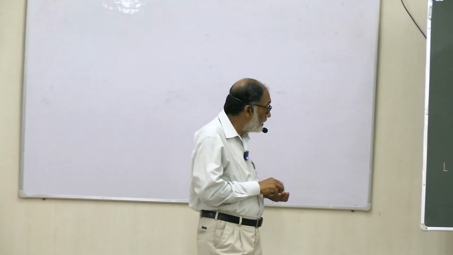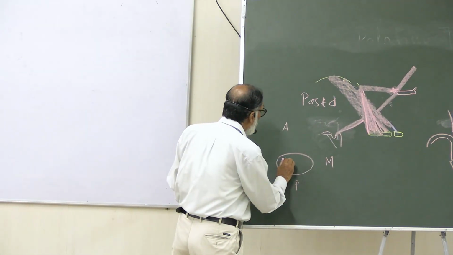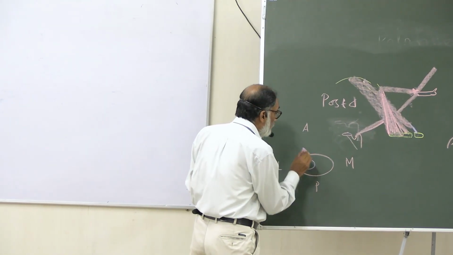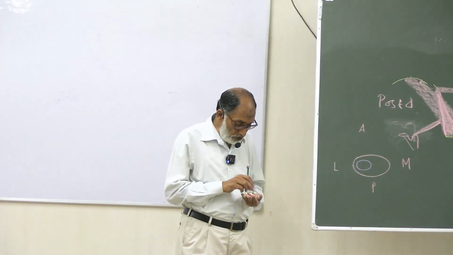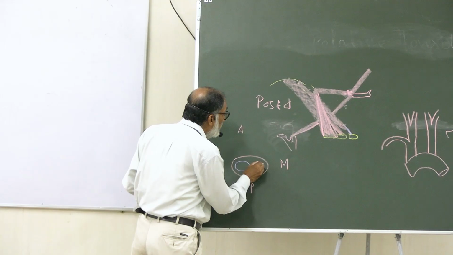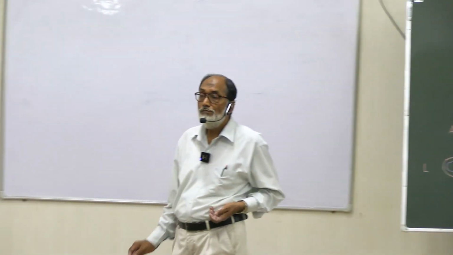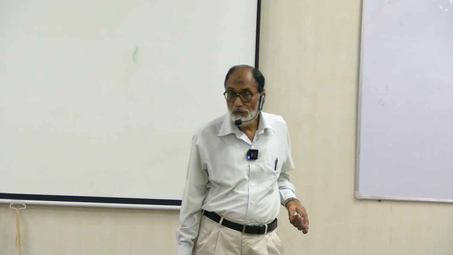Number one, laterally lies a vein. Which vein? The internal jugular vein. Medially lies which artery?